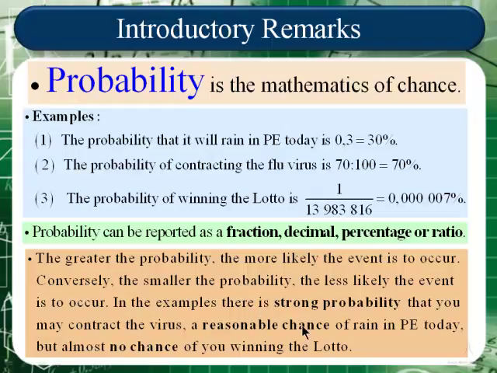There is a reasonable chance of rain in PE today because it is 30%. But there is almost no chance of you winning the lotto, because if we round this off to the nearest fourth decimal, then you see the chances are actually 0%.